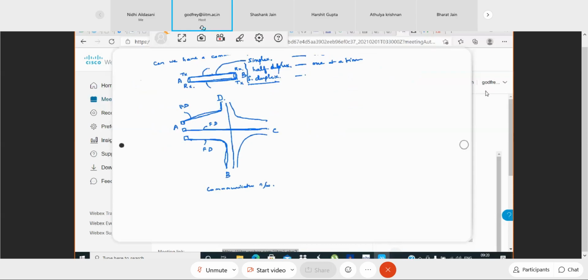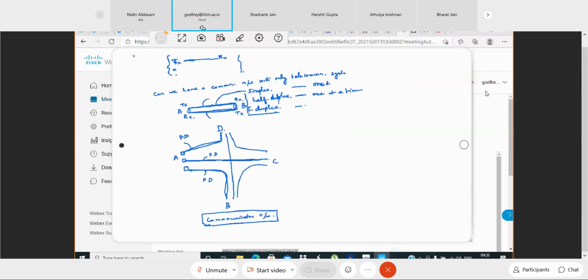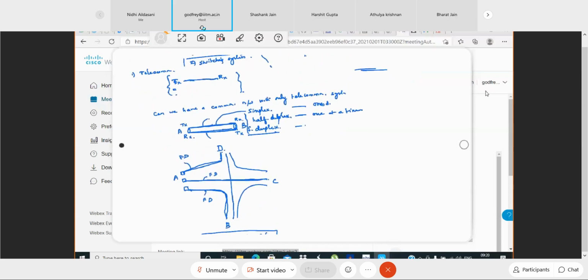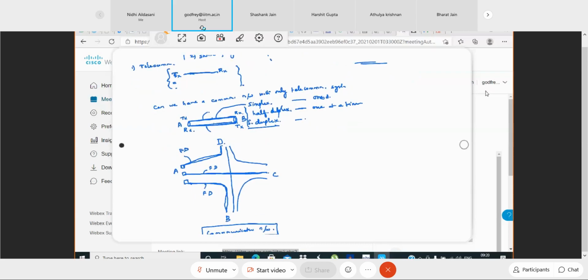What is the problem with this kind of communication network? A has 3 devices. In order to communicate with D, he has 1 device, to communicate with C, he has another, and with B, he has another. So basically, he has 3 telecommunication systems, to communicate with every user.